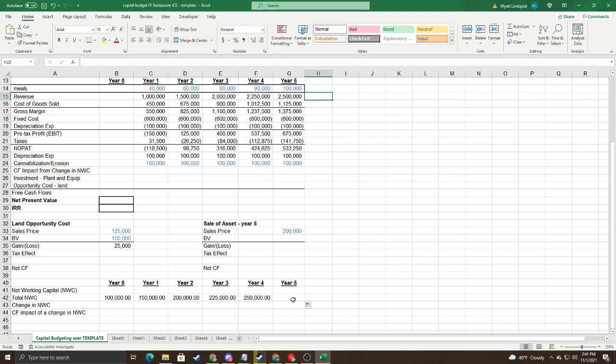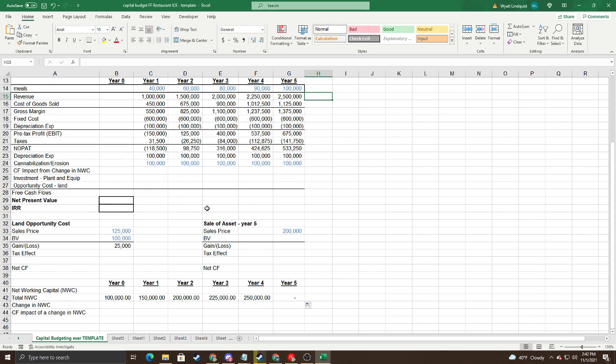And if you're a little confused about how this net working capital works, essentially every year we need a certain amount of inventory or a certain amount of equipment, cash, stuff like that on hand. Actually not cash, but like accounts receivable, stuff like that on hand in order to satisfy our needs in that coming period.